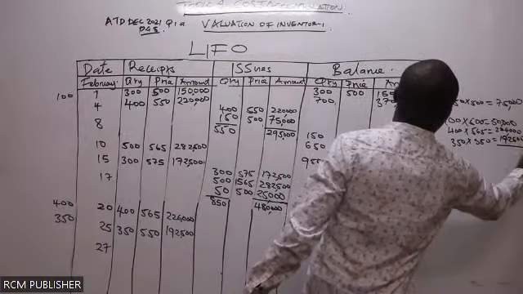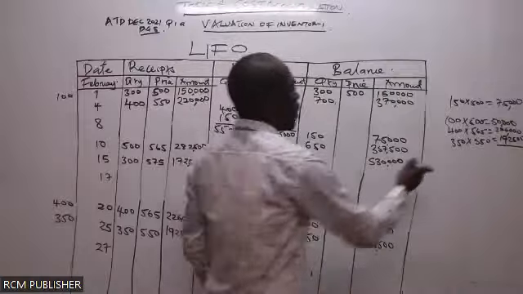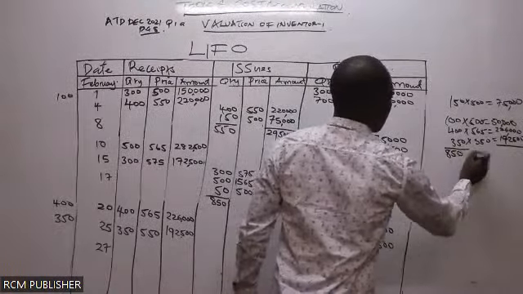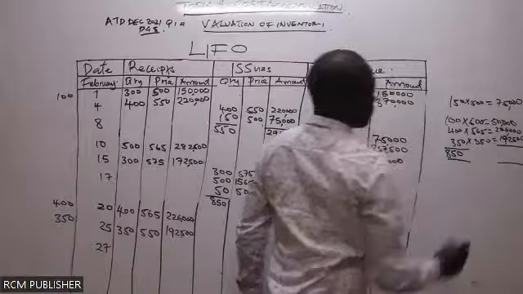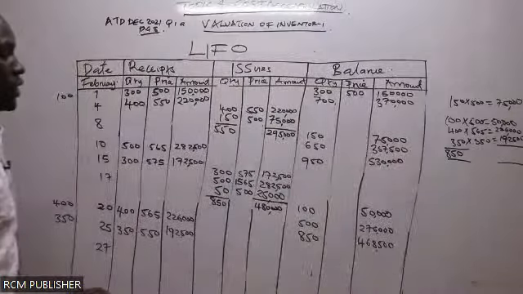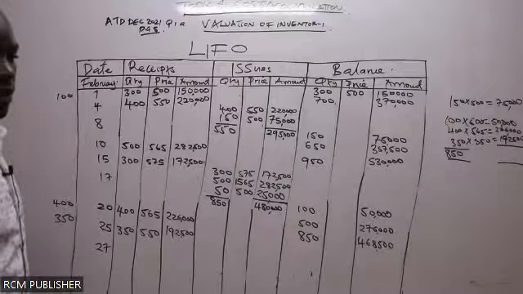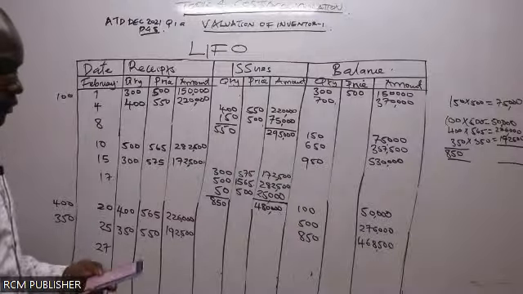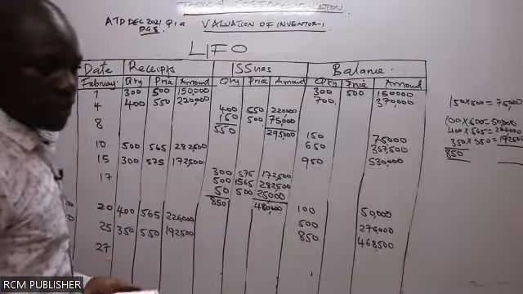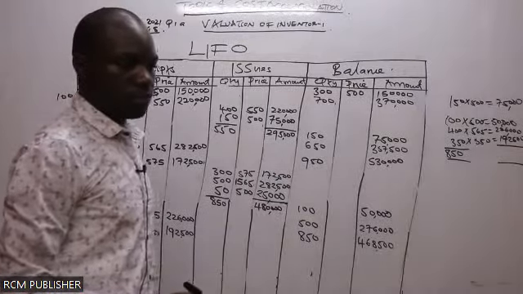Can someone add these three things? What are we going to have? 50, 226 and then 192. What are we getting?